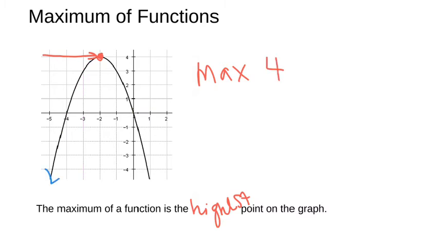This graph does not have a minimum, because it goes down forever and ever, so there's no minimum. The previous graph had no maximum because it went up and up forever. So the maximum of this particular graph is 4, and there's not a minimum.